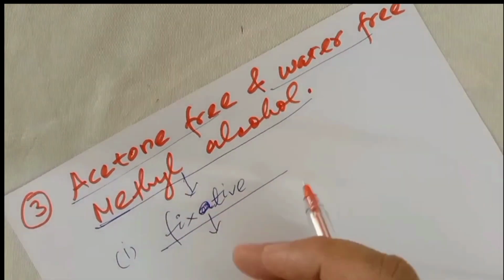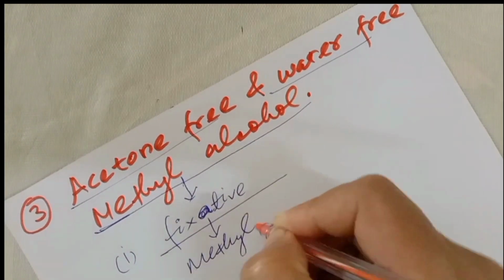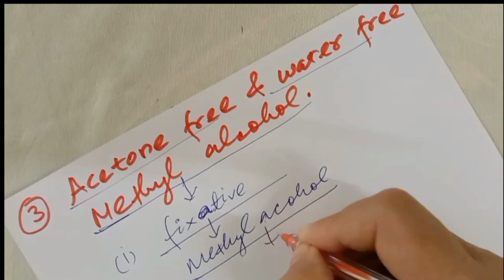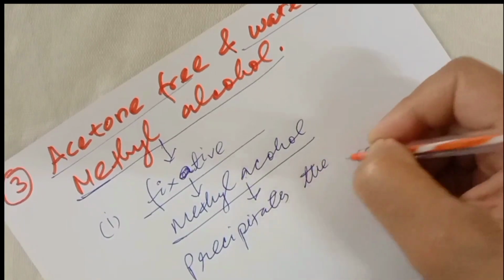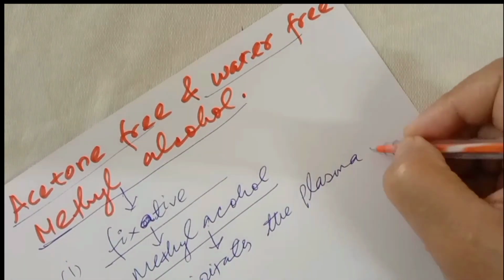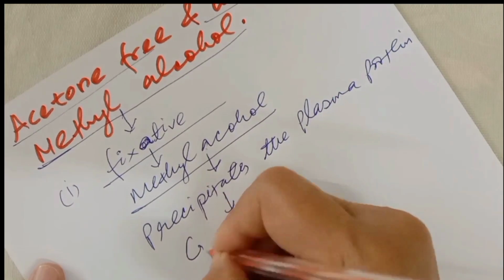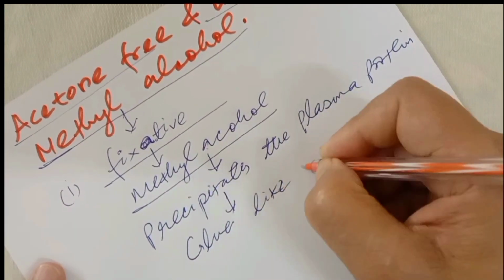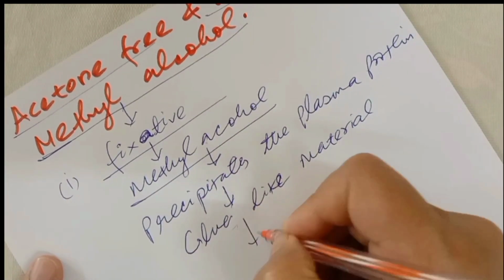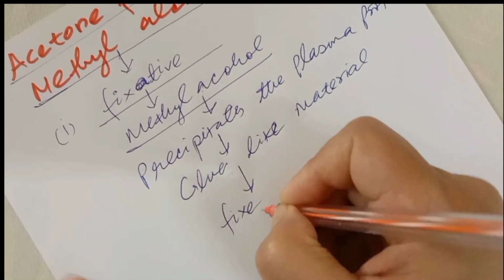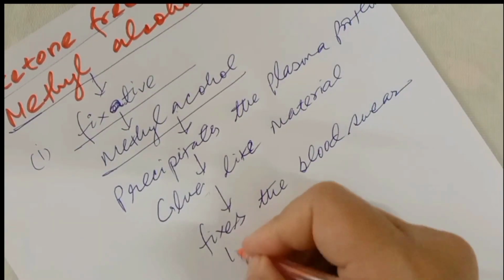So the question arises, how does it fix? This methyl alcohol precipitates the plasma protein, and this precipitation of the plasma protein forms a glue like material, and this glue like material fixes the blood smear and the blood cells to the glass slide.